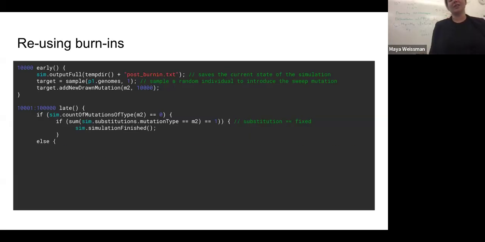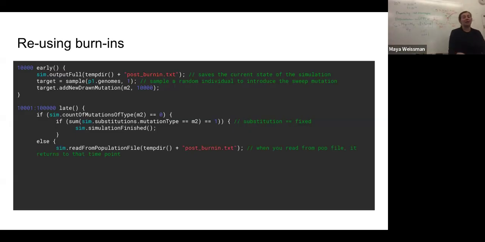But if not, if it went extinct, I can read from the population file and it'll just go back to that point. An important point here is that if you read from the population file, it is also going to set the generation, or the tick, I should say, in Slim lingo, to whatever it was when you left off.